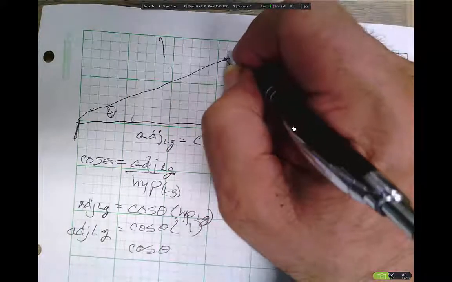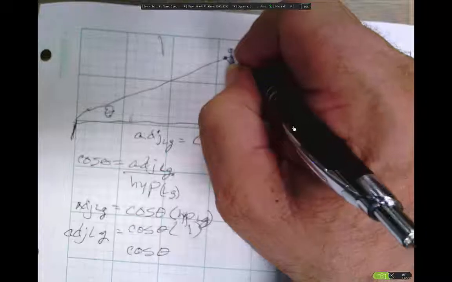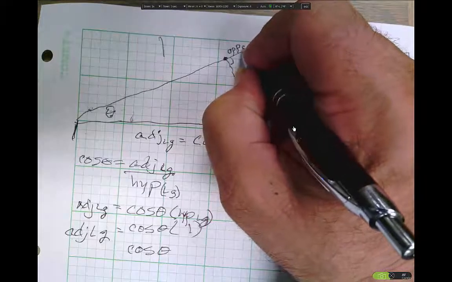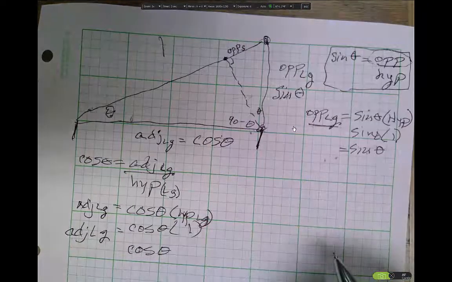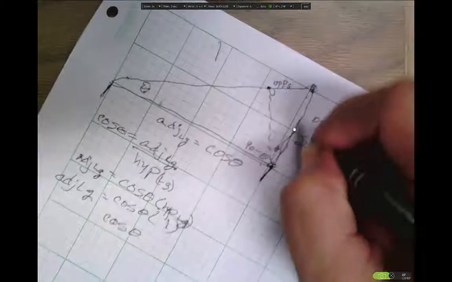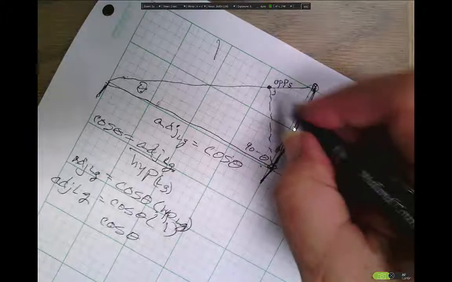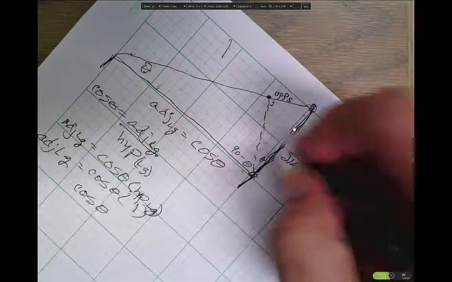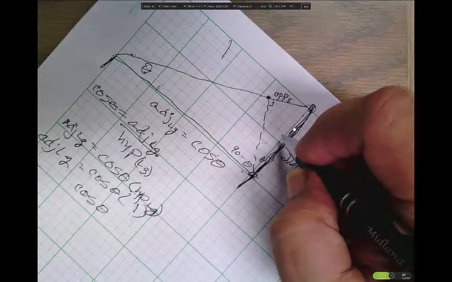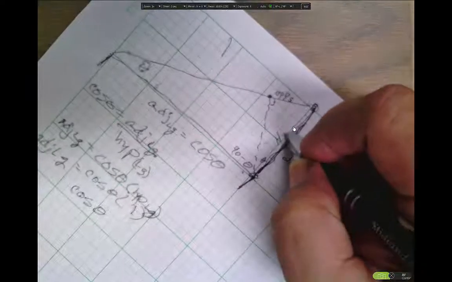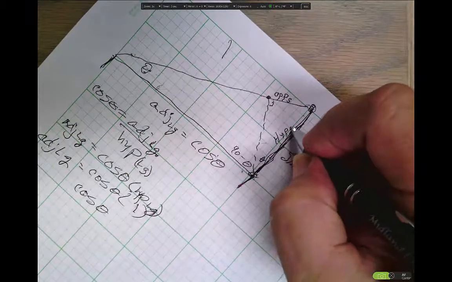I'm going to say it's the opposite sub small s for small, and I'm going to represent that this is the hypotenuse of this smaller triangle. You can see that it's opposite the 90 degree angle. So I'm going to give this some symbolism here. I'm going to call it the hypotenuse sub s for small.